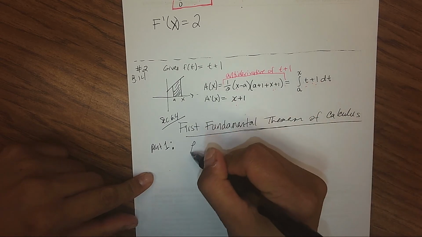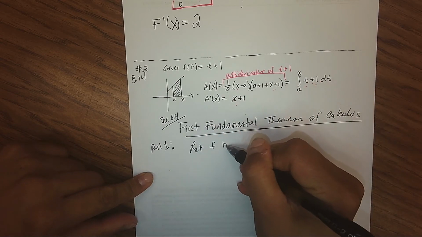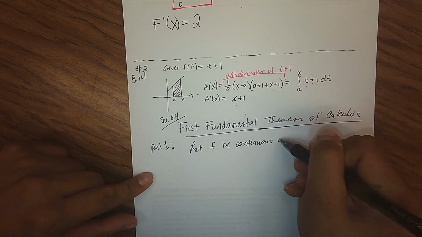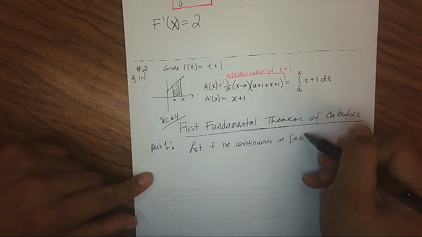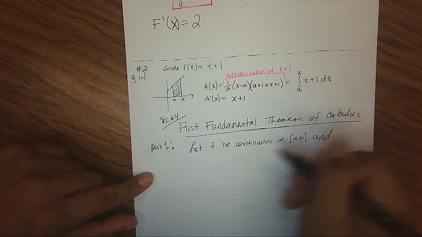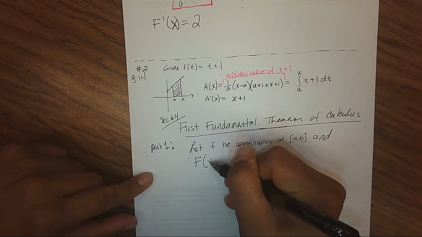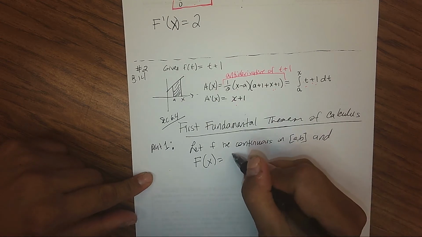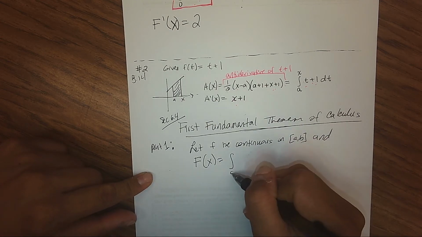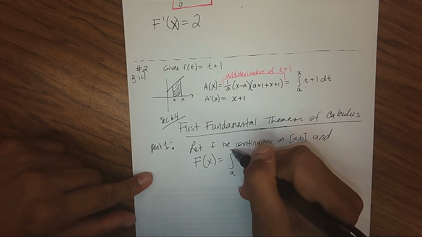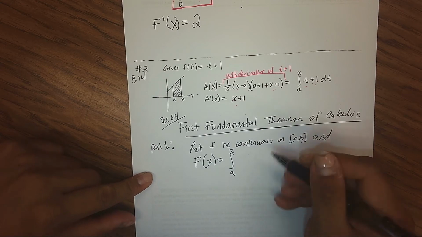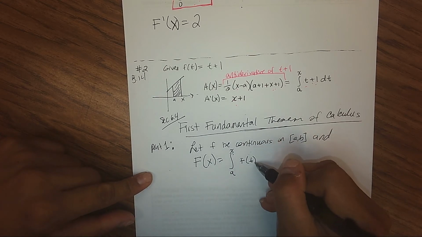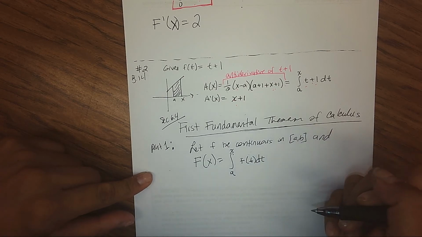So we're going to let f be continuous on this closed interval, and this is what capital F equals. Big F of x equals that special integral from a to x of little f, and I have to use another variable, I can't use an x.